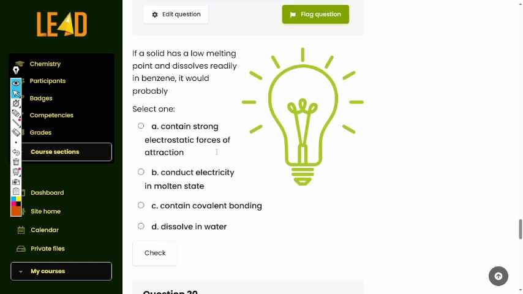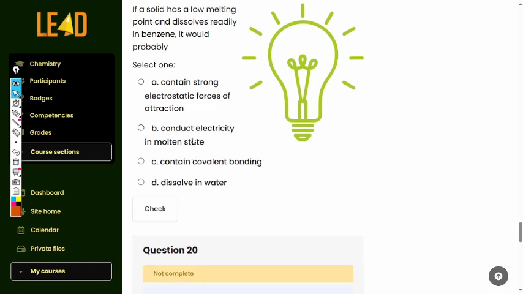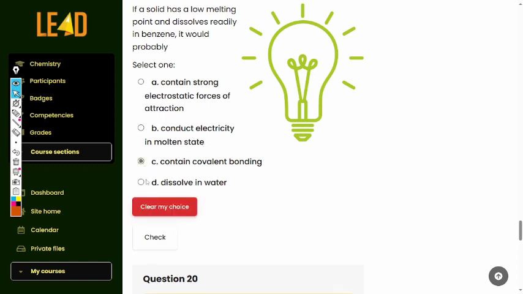The reason it's not A is because the electrostatic force of attraction is found in ionic compounds, not covalent compounds. And ionic compounds are the ones that conduct electricity in their molten state, not covalent compounds. So it has to be C. And covalent compounds do not dissolve in water; it's ionic compounds that dissolve in water. So the correct answer is C.